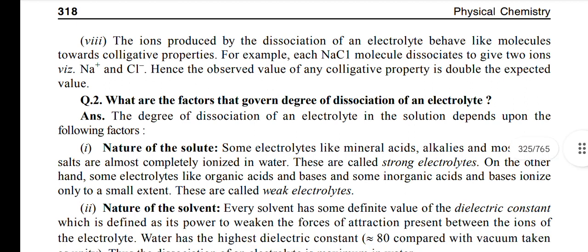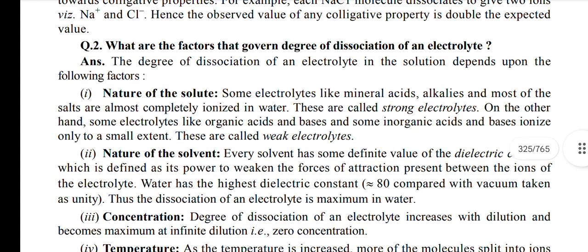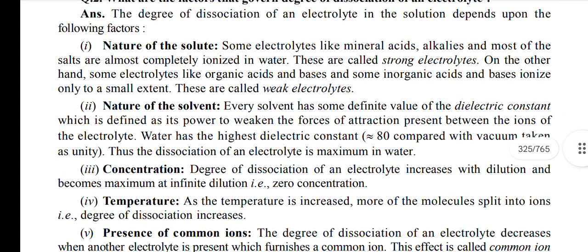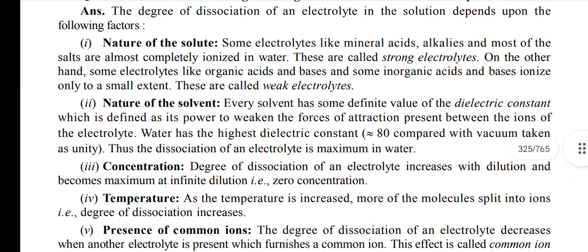expected value. What are the factors that govern the degree of dissociation of an electrolyte? The degree of dissociation of an electrolyte in solution depends upon the following factors. Number 1, nature of the solute.